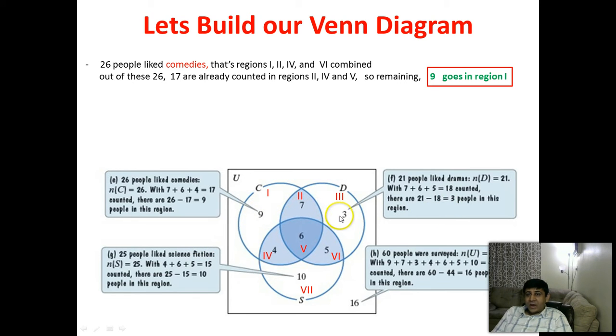Similarly, let's look at how we got region 3. It is also given to us that 21 people like dramas, and that is regions 2, 3, 5, and 6, the whole circle.